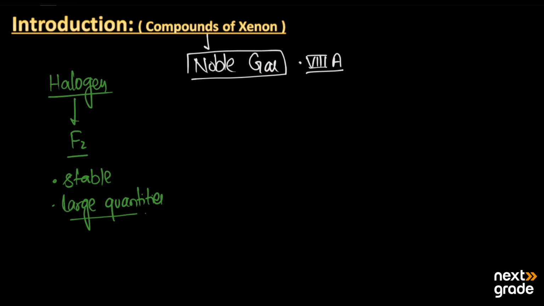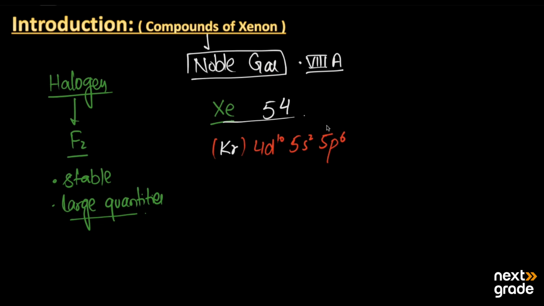Before this, you must know the symbol and atomic number of xenon. It is denoted by the symbol Xe, and the atomic number of xenon is 54. Its electronic configuration is the same as krypton, and the remaining for its valence shell is 4d10, 5s2, and 5p6.